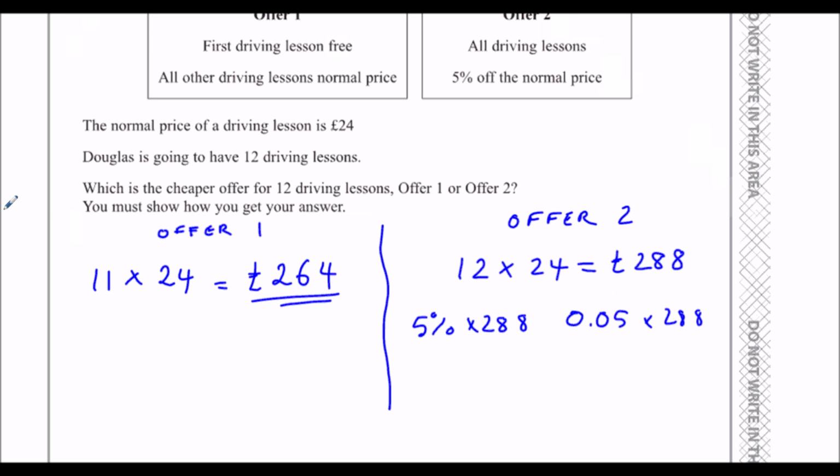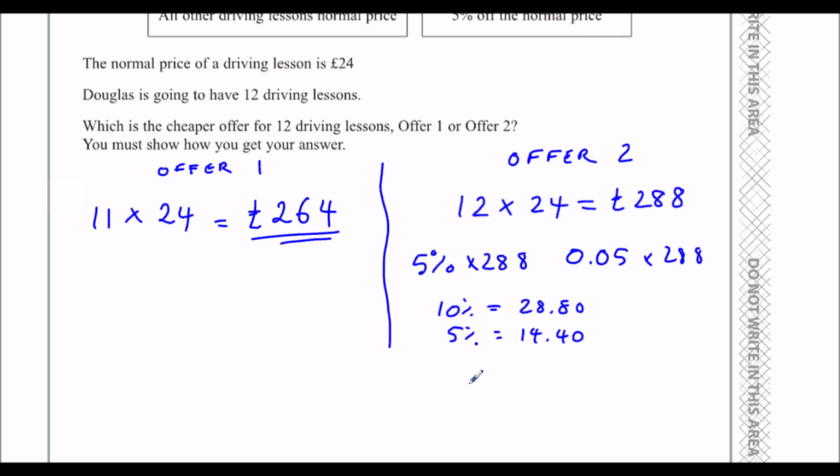Or we could do it the way we do without a calculator. So we say 10% equals £28.80. So 5% must be half of that, which is £14.40. So we're just going to take that off. 288 take away 14.40.